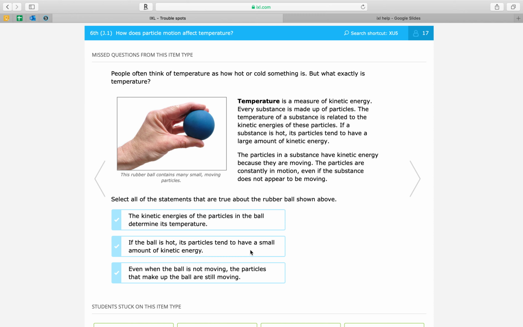And it says if the ball is hot, its particles tend to have a small amount of kinetic energy. This one's false because if the ball is hot, that means that the particles are moving very, very quickly. And this one says even when the ball is not moving, the particles that make up the ball are still moving. Now that's true because even if the ball isn't moving, there are small particles inside the ball that are still vibrating side to side. Okay?